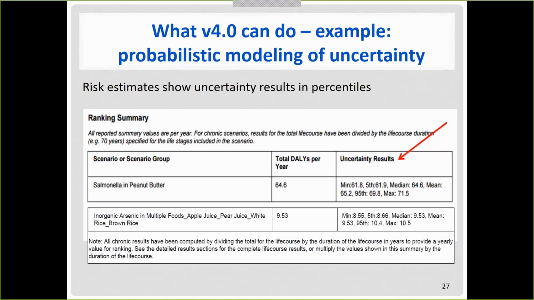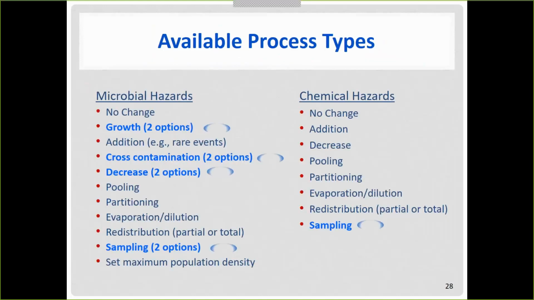Okay, so that's an overview of the new feature on 2D simulation. The new process types in version 4 are highlighted on this slide. They are mostly for modeling microbial hazards in terms of growth, inactivation, cross-contamination by transfer rates.